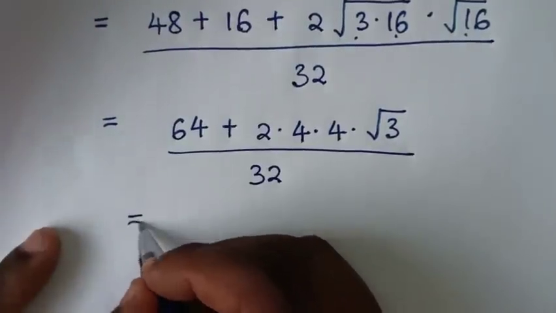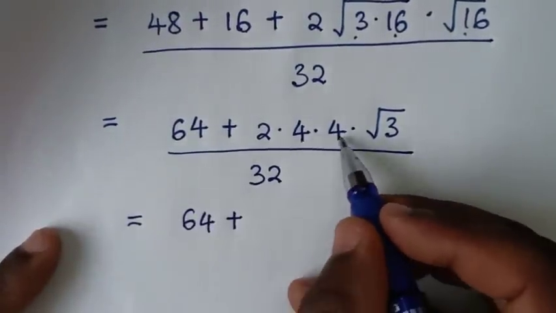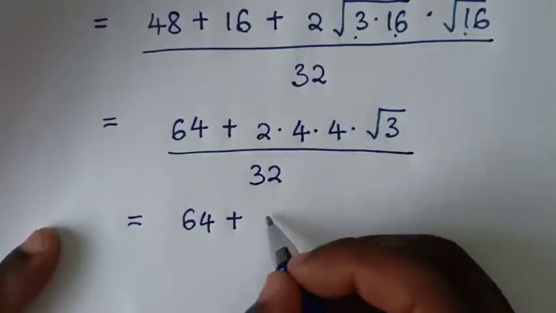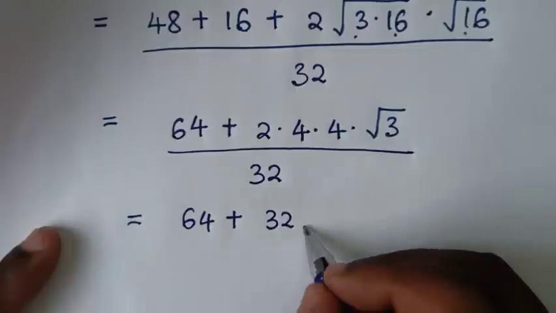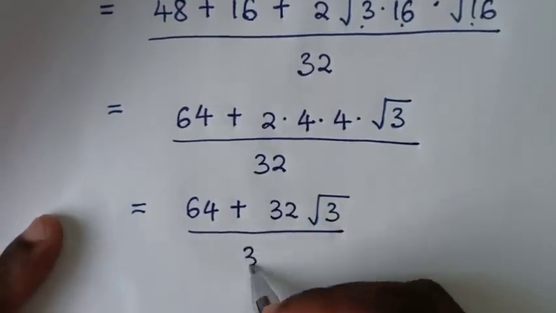So it will be equal to 64 plus 4 times 4 is 16, 16 times 2 is 32, times square root of 3, over this 32.